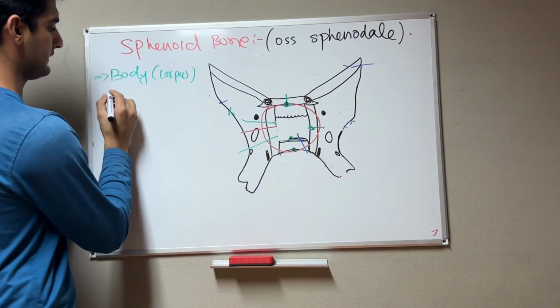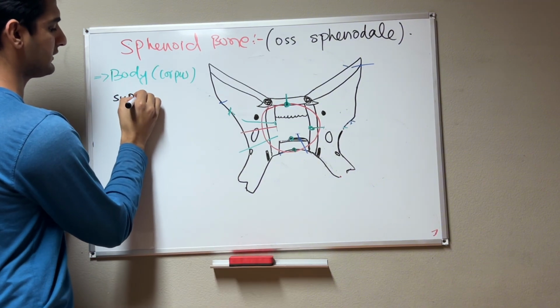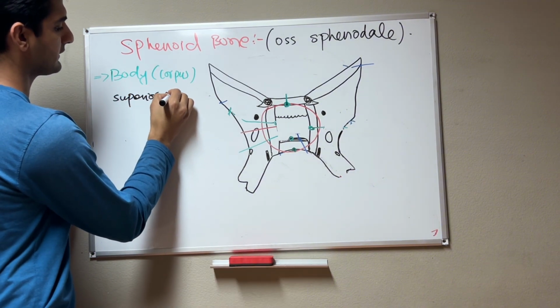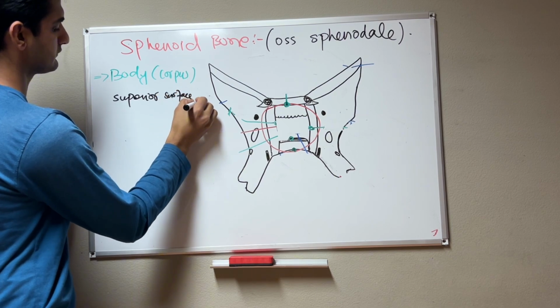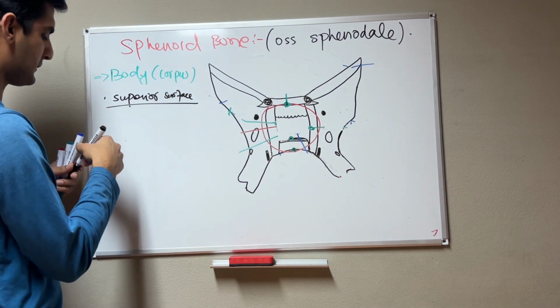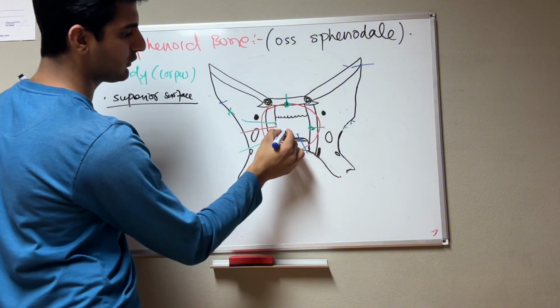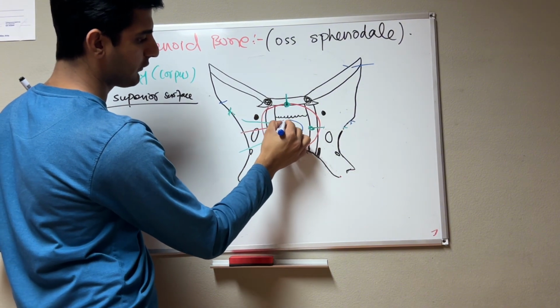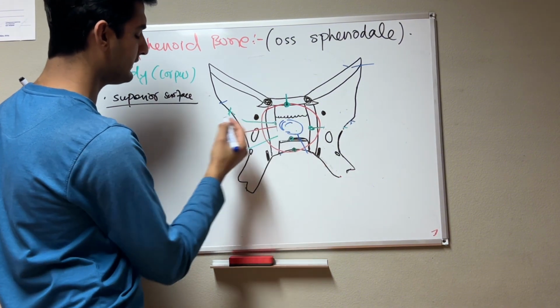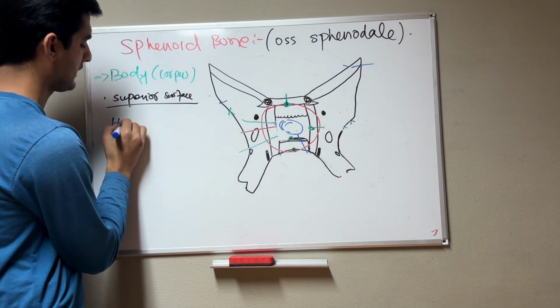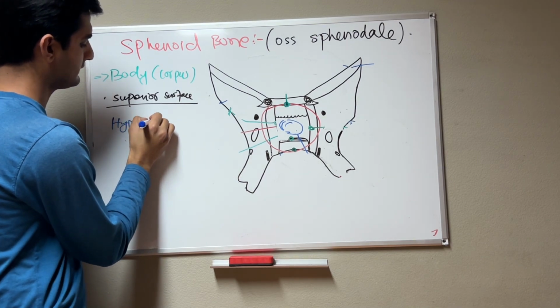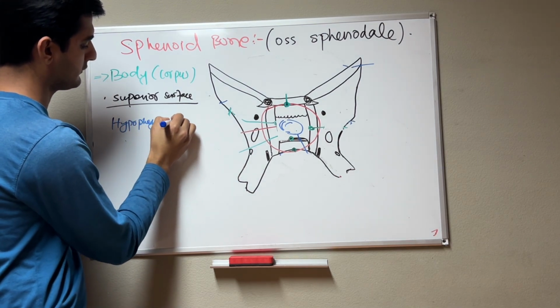What formation do we have here? This is a fossa. Its name is hypophyseal fossa.